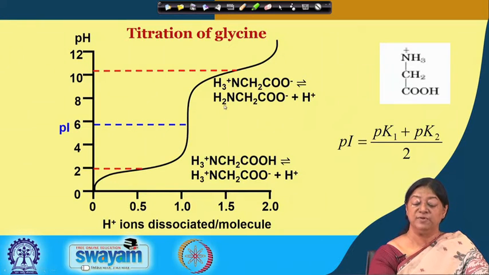So, we have NH3 plus CH2COO minus going to NH2 CH2COO minus. So, this was our Gly plus, this is our Gly 0 going to Gly minus, and the Pi we found out is the pK1 plus the pK2 divided by 2.